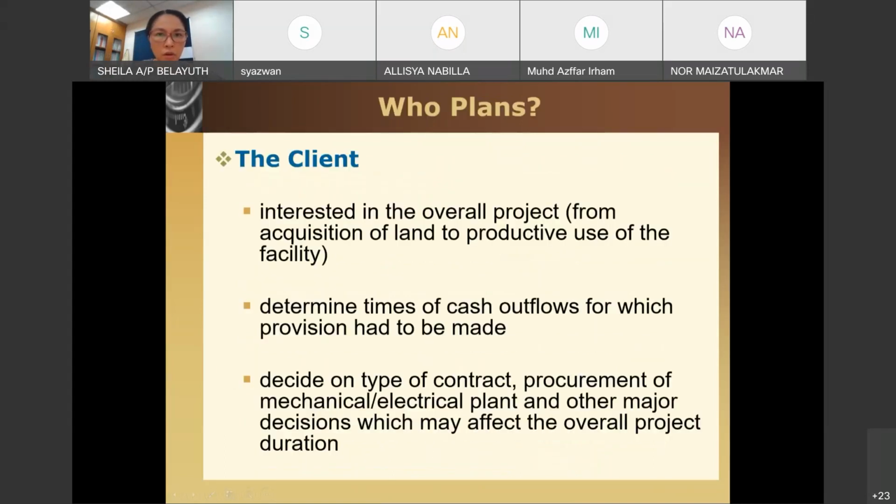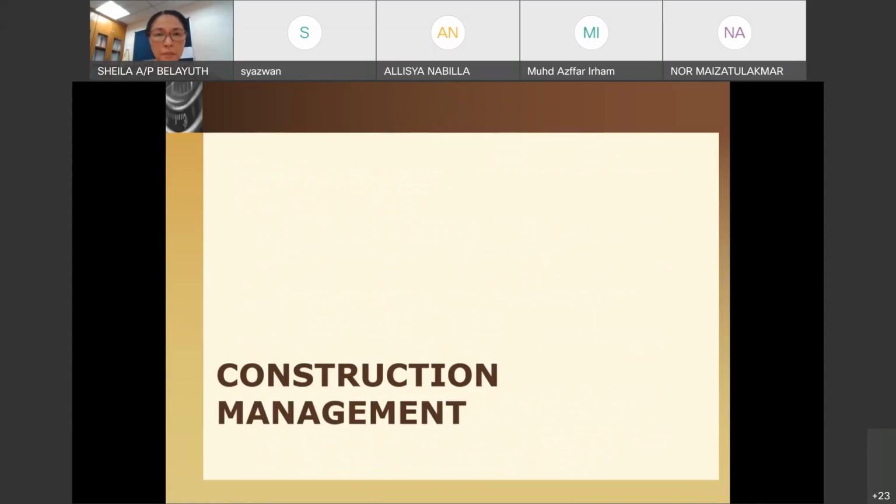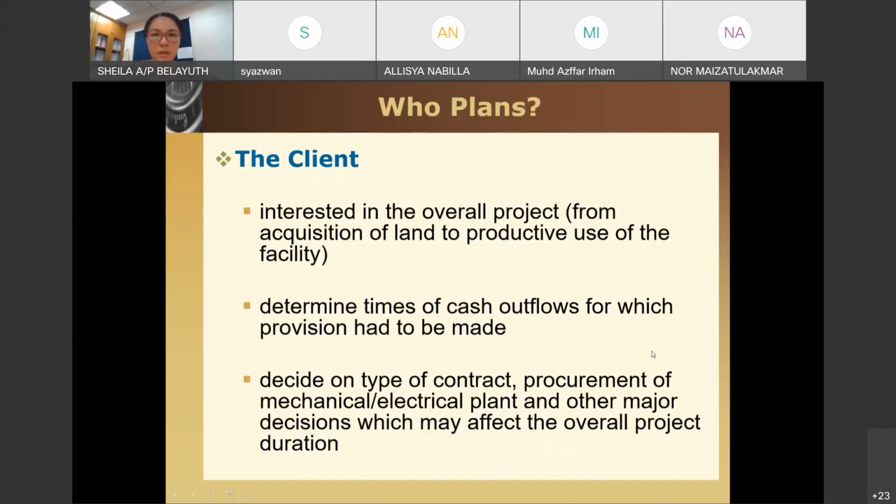Okay, so in construction management, several parties plan. I did mention this, that the planning might differ between different parties.